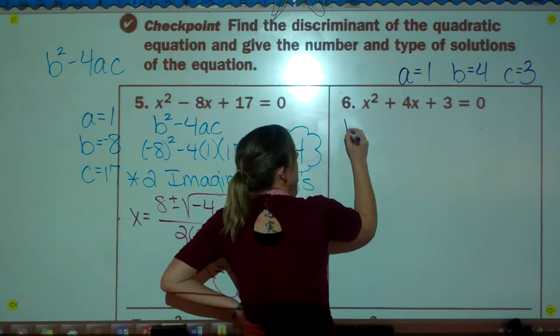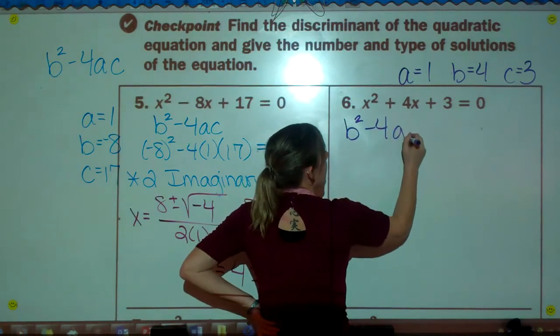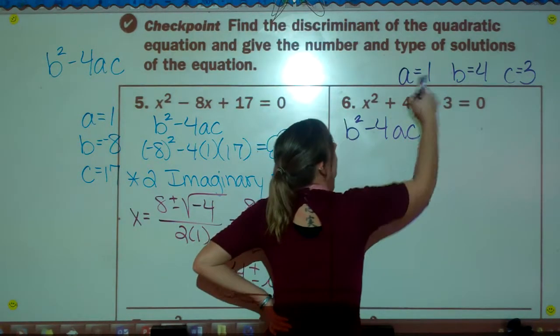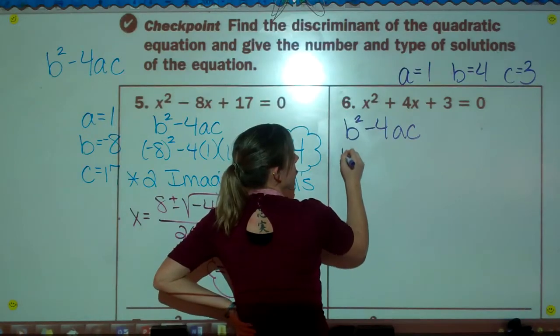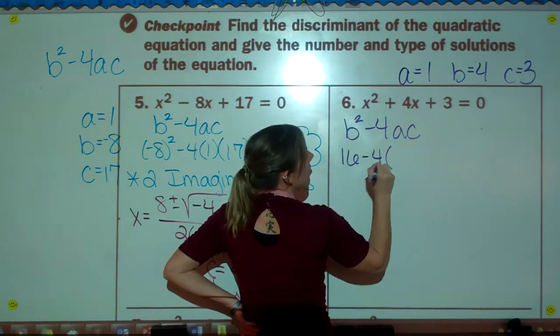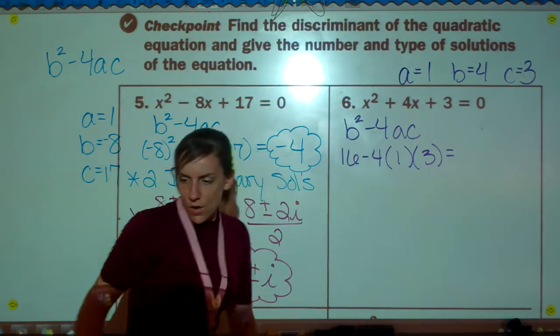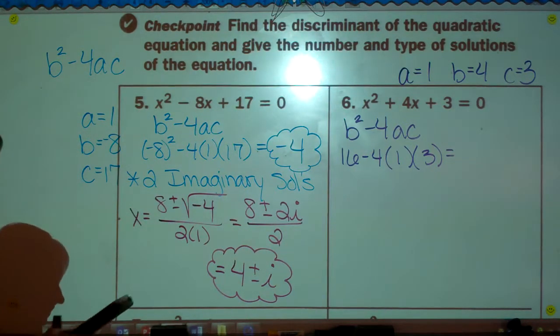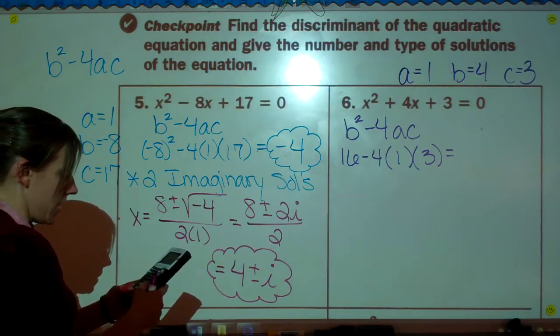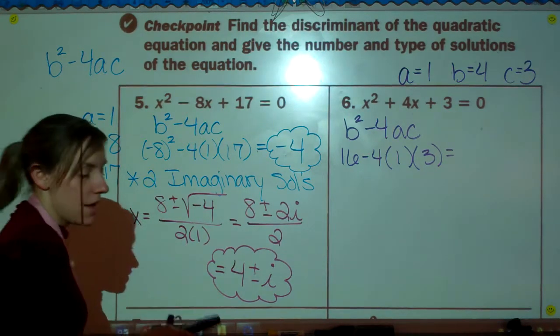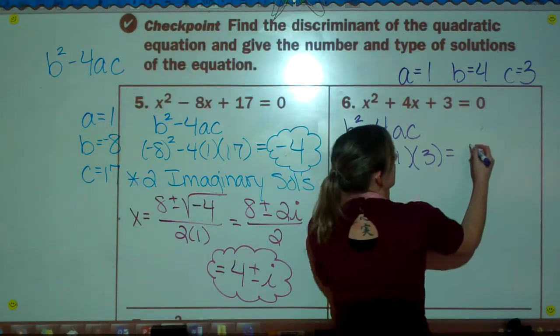I'm going to put it into b squared minus 4ac. So 4 squared is 16 minus 4 times 1 times 3. I'm just going to put that straight into my calculator. 16 minus 4 times 1 times 3 is the number 4, that's just 16 minus 12.